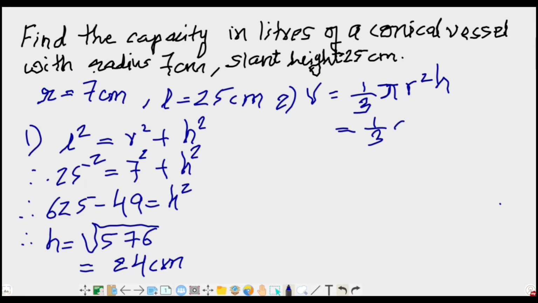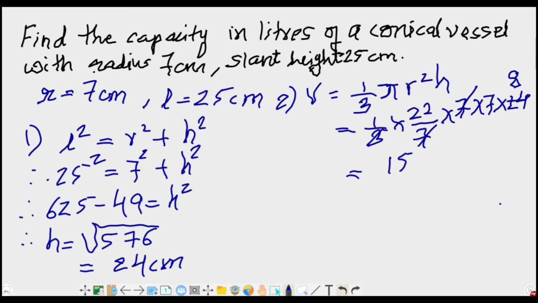Pi value you know 22 by 7 because radius is divisible by 7. 7 into 7. Now you got the perpendicular height as 24. 7 7 cancel. 3 1s are 3 8s. Now 22 into 7 is 154. Multiply this with 8. It will be 1232.